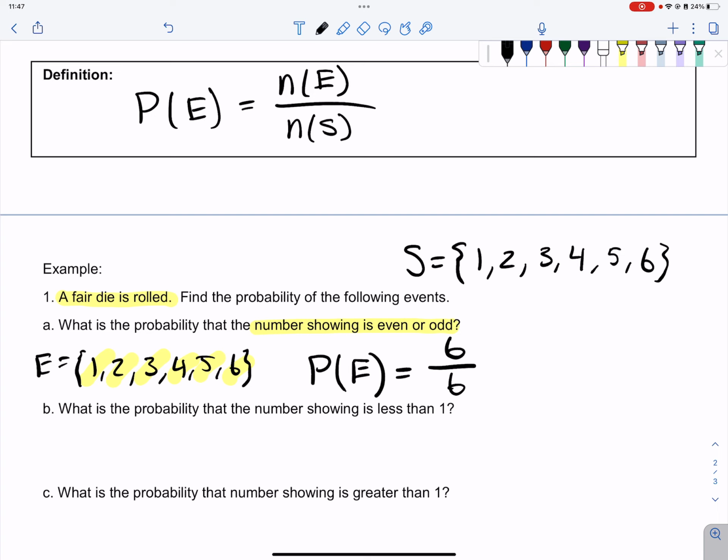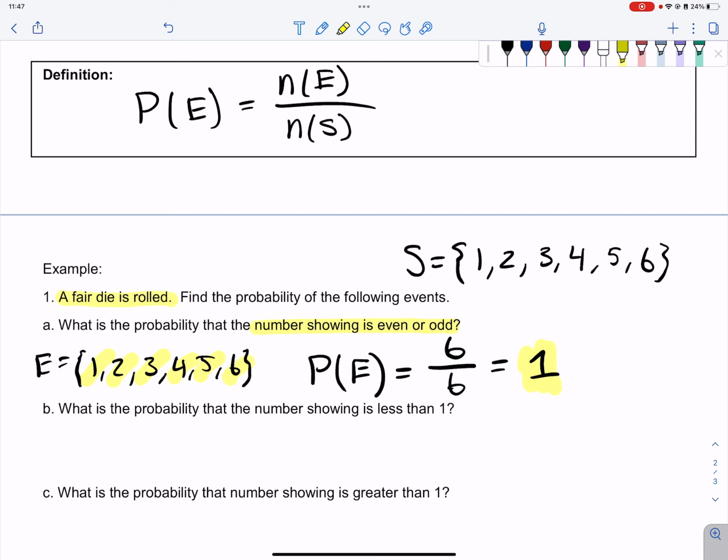So its probability is 6 over 6, which then we can just simplify that to say that this is 1. And now we can think through this and see that that makes sense, because when you roll a six-sided die, you're going to get either an even or an odd number. It's going to have to be one of those two. There's no other option. So the probability is 1 because it has to happen.